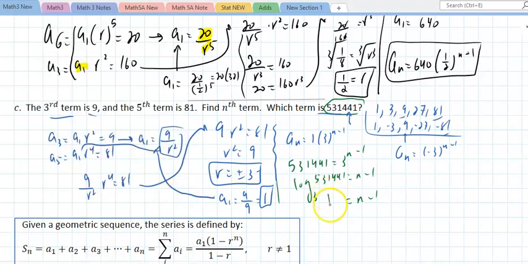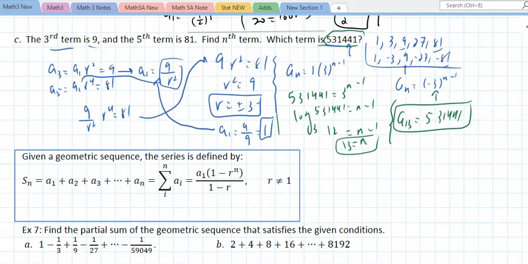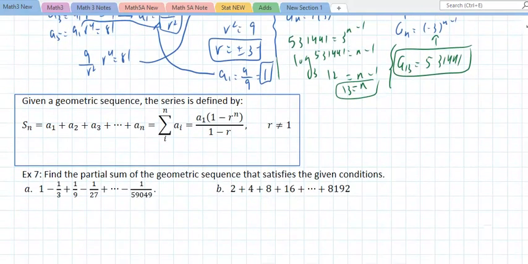It's an integer. I'll get that to be 12, which means n equals 13. So we know that a sub 13 is 531441. If you use the negative, it gives you the same exact thing. Yeah, this is an odd term.